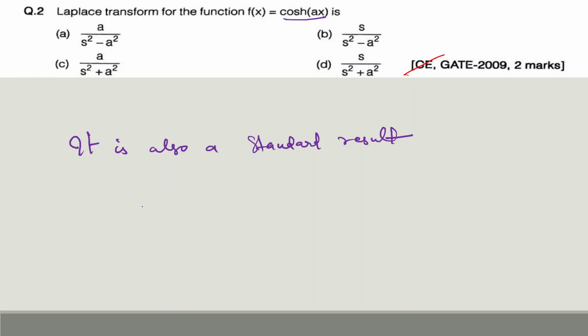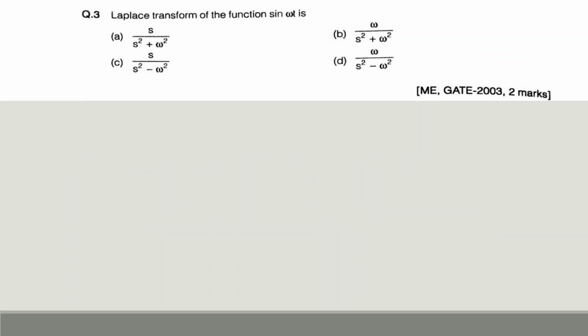I will tell you that the Laplace of cosh at is equal to s upon s square minus a square. Option B will be our right answer for question number 2. Moving to the next question.